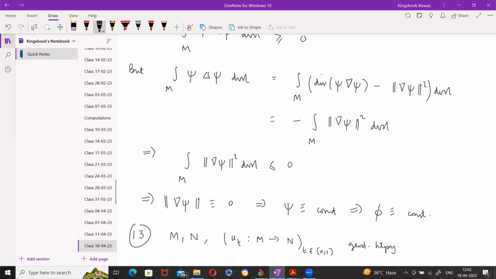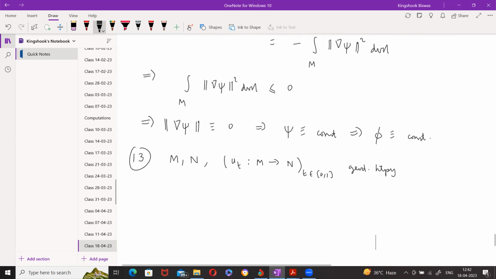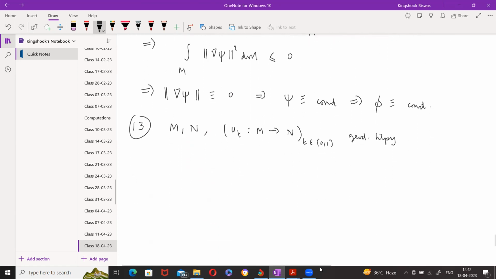Then in the last class, we proved this formula for the second derivative of the energy, d squared dt squared of the energy of u_t.